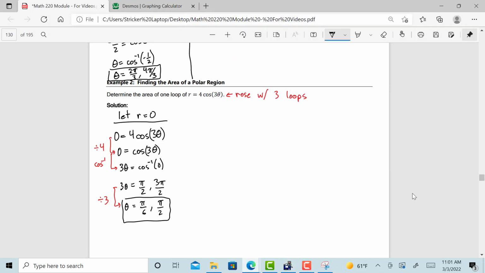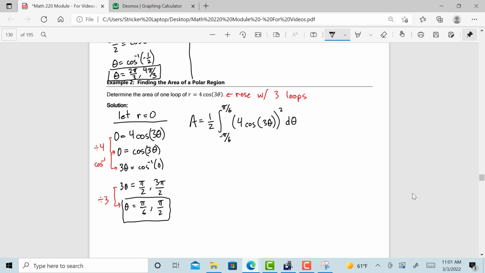We know that the area is equal to 1/2 of the integral, and our theta, in this case, is going to go from negative pi over 6 to pi over 6. That's the hardest part. And then we have our function, 4 cosine of 3 theta, squared, d theta.